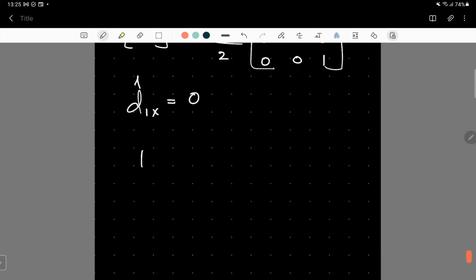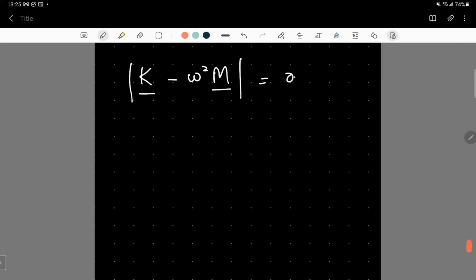By substituting the values which we obtained into this original equation, which we would like to determine here, and simply considering this boundary condition, we can obtain the reduced set of equations in the following way. K matrix, which is 2, minus 1, minus 1, 1.